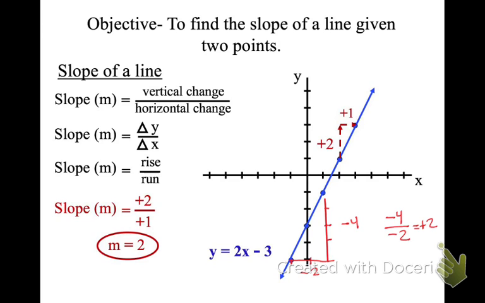So it doesn't matter. I could go positive 4 to here, and then you'll see 1, 2, 3, 4, and then go over 1, 2. My rise is positive 4, my run is positive 2, and that equals 2.